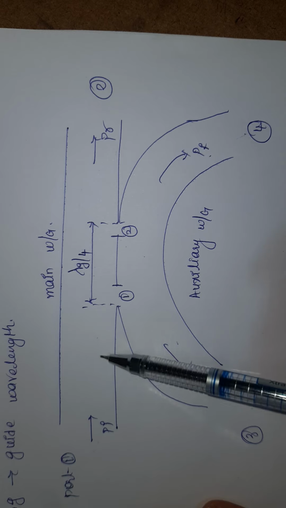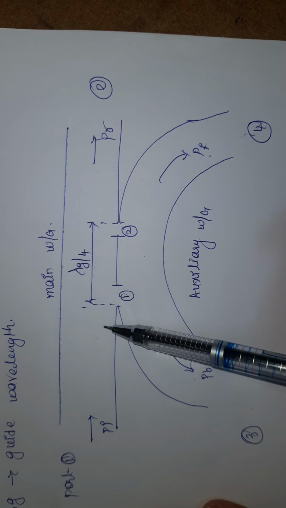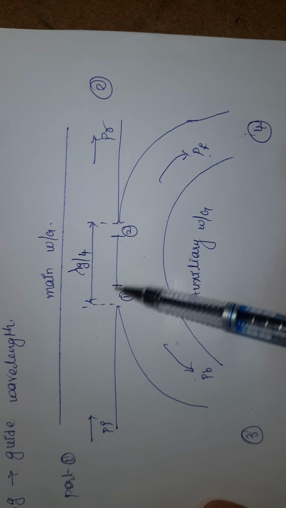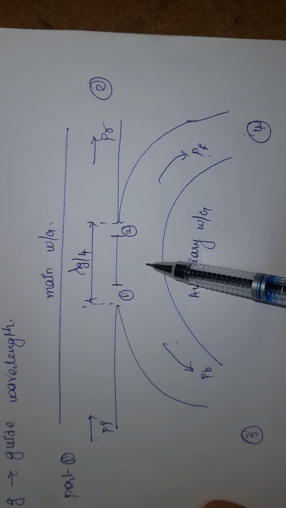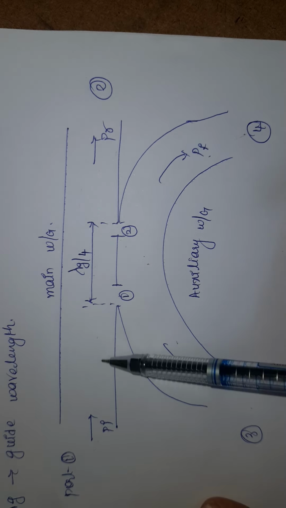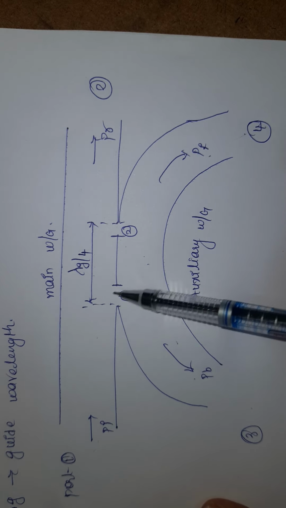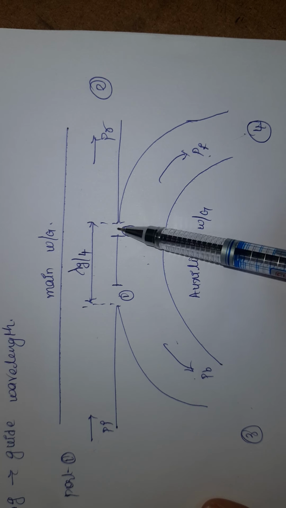If a small amount of power is incident at port 1, it will travel like this. Because there are two holes in common between the main waveguide and the auxiliary waveguide, the power will come here and the power will come here.